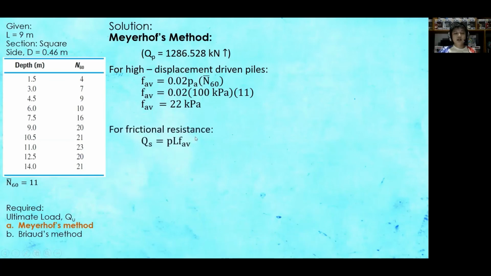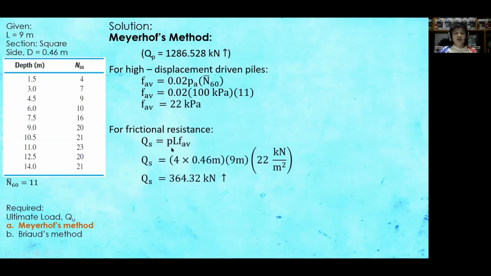For frictional resistance, we substitute this f sub o and multiply it to the perimeter, so we have 4 sides of a square, that is 0.46 times the total length, which is 9 meters. Thus, Q sub S is 364.32 kilonewtons.